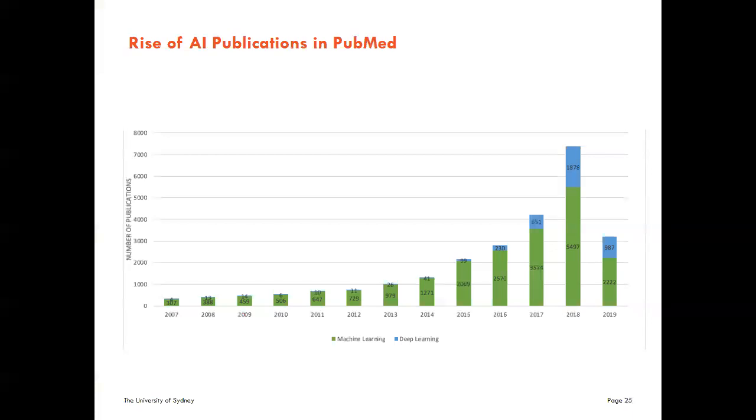So I dug into PubMed to look at how deep learning and machine learning algorithms have been utilized lately, and we can see an exponential rise in the use of machine learning algorithms, and especially lately deep learning is being used a lot. The blue one is deep learning. That means more and more research and applications are utilizing deep learning.